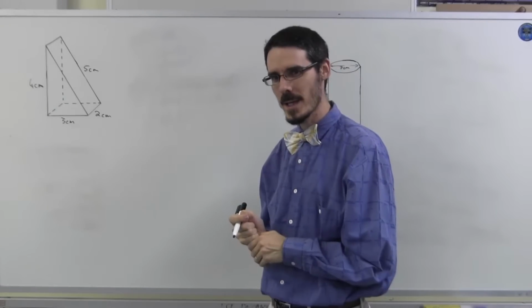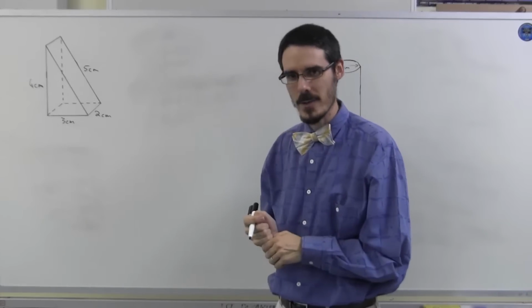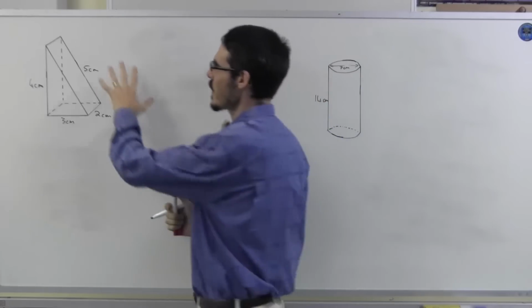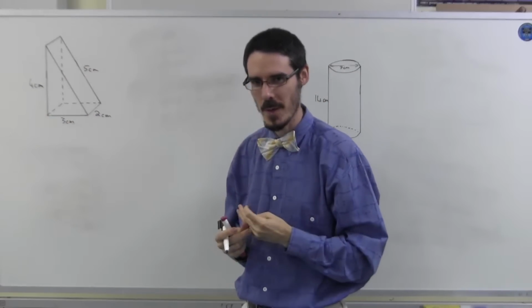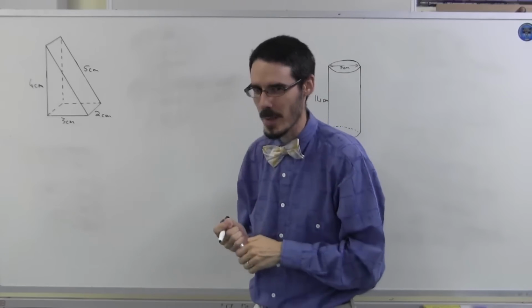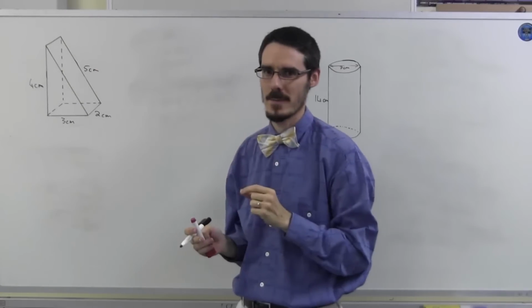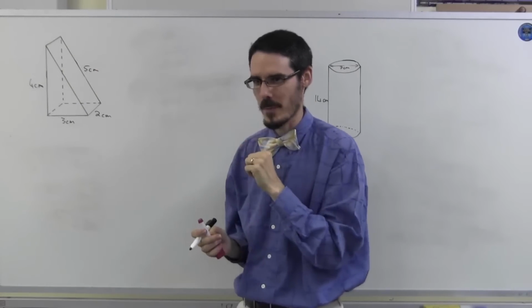Now this one's going to be a little bit harder because you have to be careful to find the right side to be your base. If I look at this shape, I have to decide whether it's a prism or a pyramid. The first hint that it's probably not a pyramid is that there's no single point apex. So it's probably a prism.